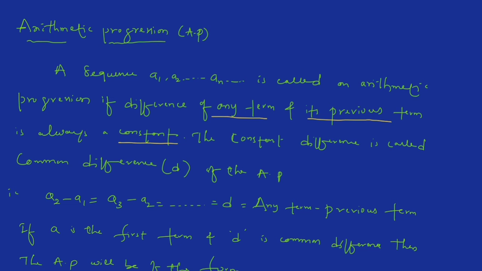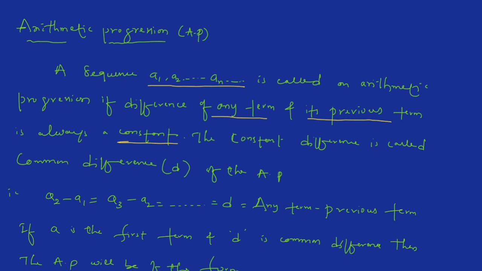If you take any two consecutive numbers, the difference between those two numbers must be the same constant. You can take any terms in the sequence a1, a2, so on up to an. If you take a2 minus a1, there will be the same constant. If you take a5 minus a4, or a10 minus a9, or you can take an minus a(n minus 1), a constant difference should be maintained.